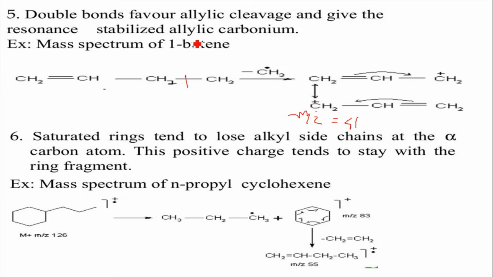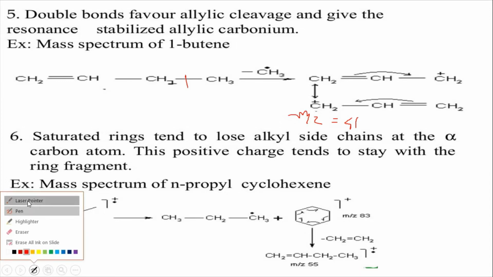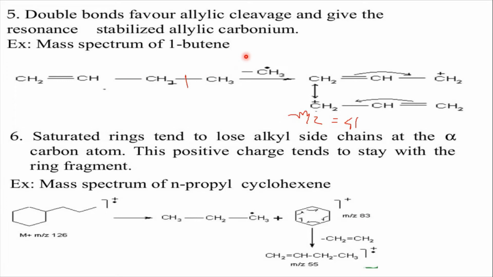We should remember that the double bonds present are helpful for the formation of the more stable cation. So double bonds favor the allylic cleavage and it will give the resonance stabilized allylic carbocation.